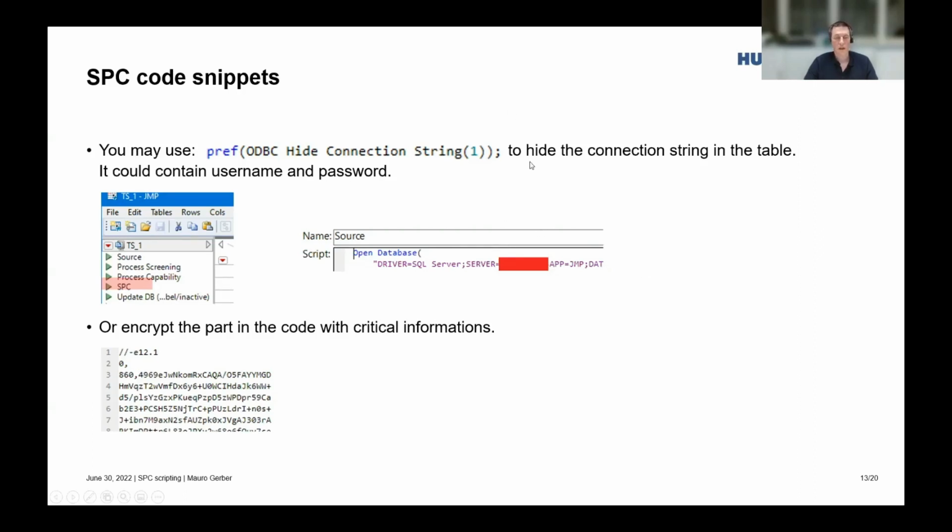To get around this, there's a preference ODB hide connection string. What you can also do is in the script itself, encrypt the code with password and username. You see in here, so people are unable to read it.